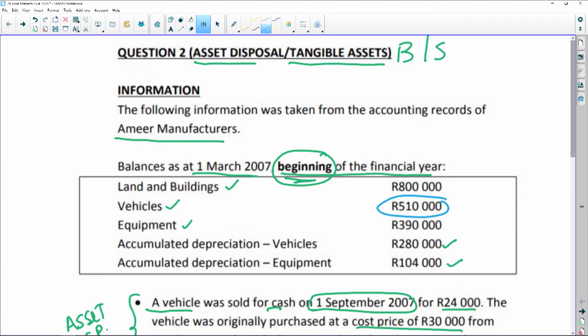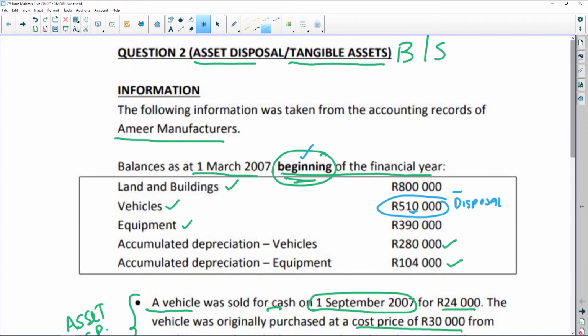Now clearly the new vehicle was not included because this amount represented beginning of the financial year. However, in this amount of 510,000 is obviously my disposal, which I first need to subtract. Okay, so that's important.